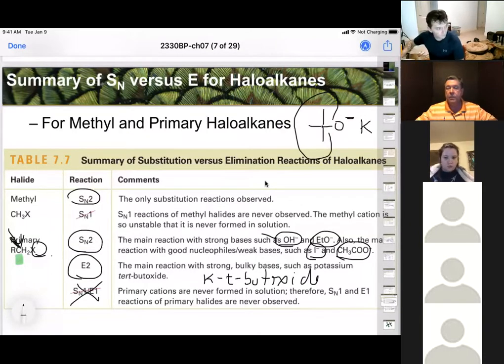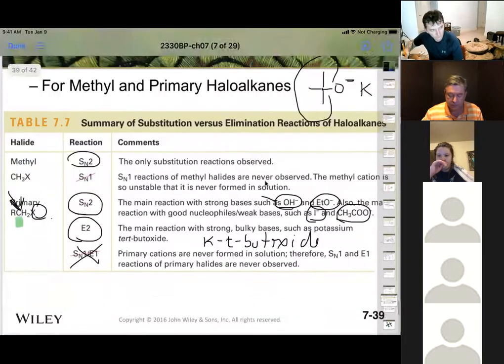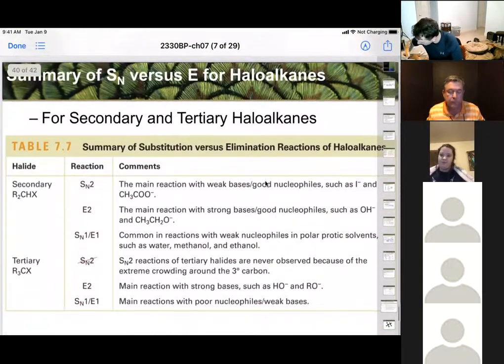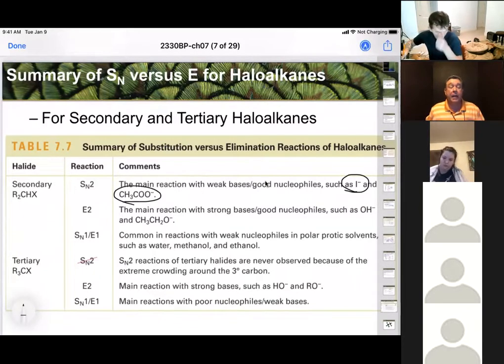Now, secondaries we know are going to be complicated because they have a variety of things that can happen. In the case of a secondary, if you have weak bases and good nucleophiles, things like iodide and acetate ion, it's going to act as the nucleophile because they're not very basic. So it's going to give you the substitution reaction, the SN2.